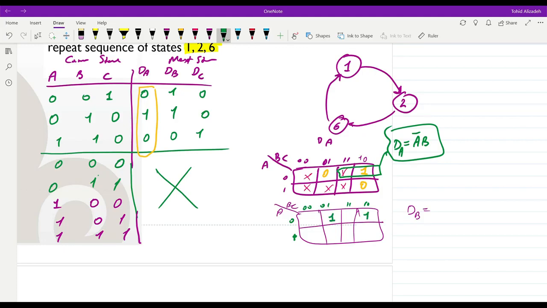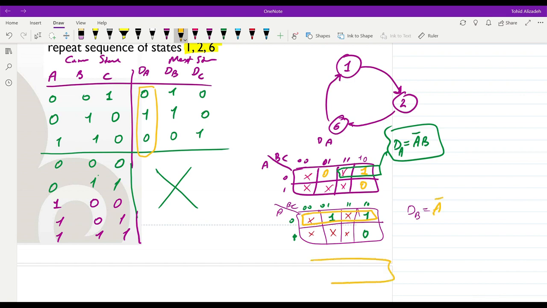And 1, 1, 0 will give us 0. And the rest again are don't cares. Now the simplest expression for DB could be obtained as not A.